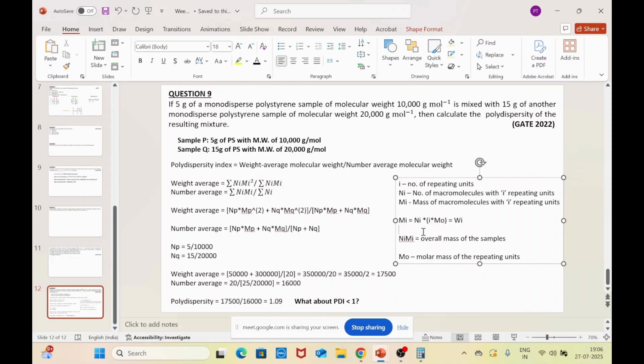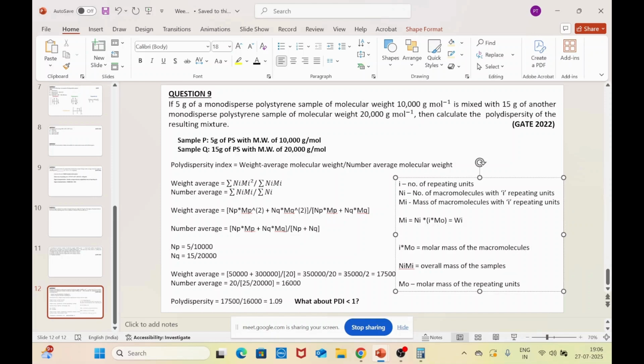Let me write that also: i times Mo will be the molar mass of the macromolecule. Let's say Mo is 100, and if I have 10 repeating units, this will be 10 times 100, that is 1000. So this is for one macromolecule chain. Like that you have n number of chains, so you need to multiply by n to get the mass of those macromolecules.